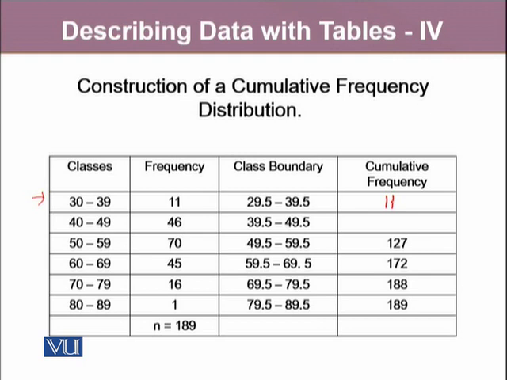But for the second class, we will add 46 and 11, which equals 57. The same is the case for the rest of the classes, where we keep adding all the previous observations. All the previous frequencies are added, and the last cumulative frequency should equal the sum of f, since it's accumulating every single observation.